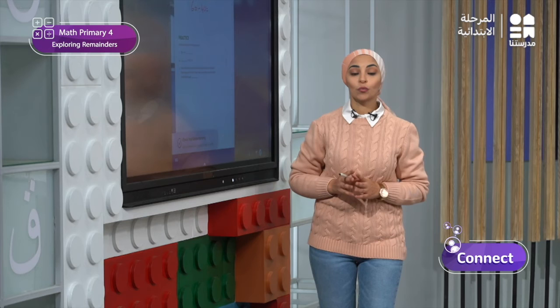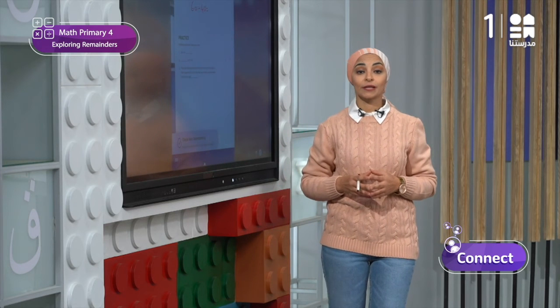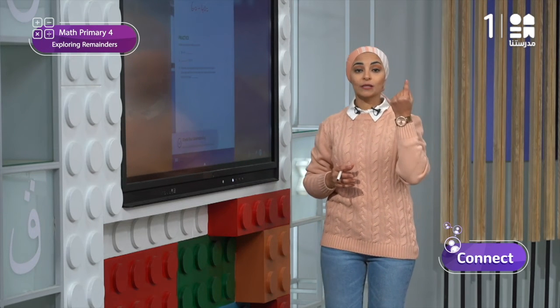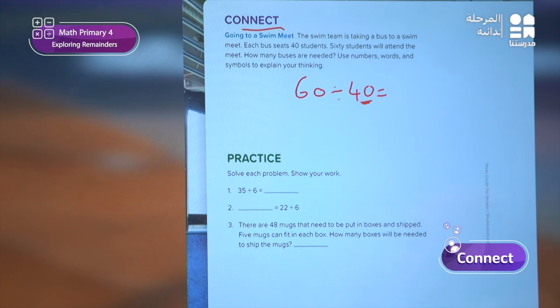Because we don't know the number that when I multiplied by 40 to get 60, هعمل إيه؟ طيب, think. 1 bus 1 multiplied by 40 equals what? 40. عشان لو عملت 40 times 1 gives me 40.